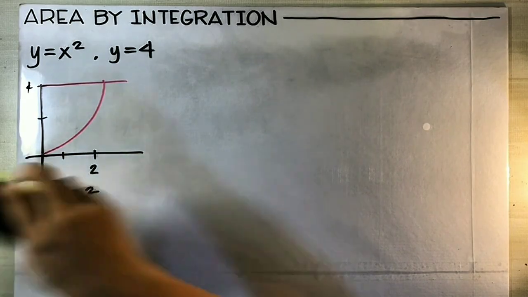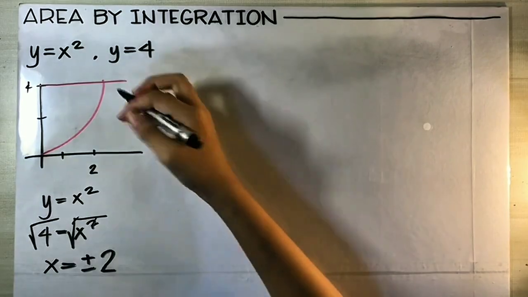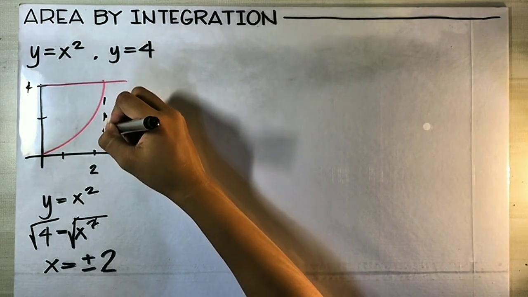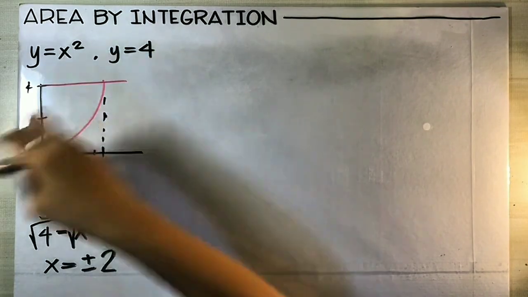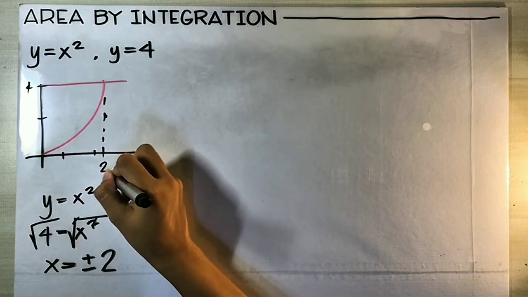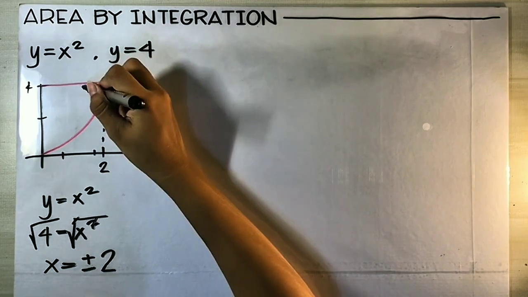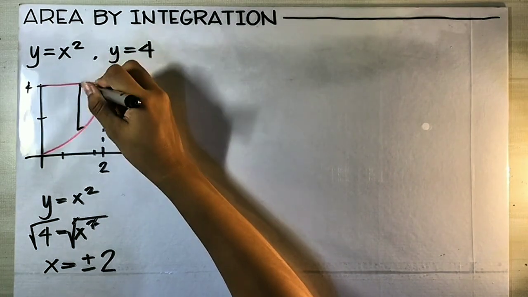Wait, our drawing is not that accurate. So again, what is our first step? We will cut this into strips, right?